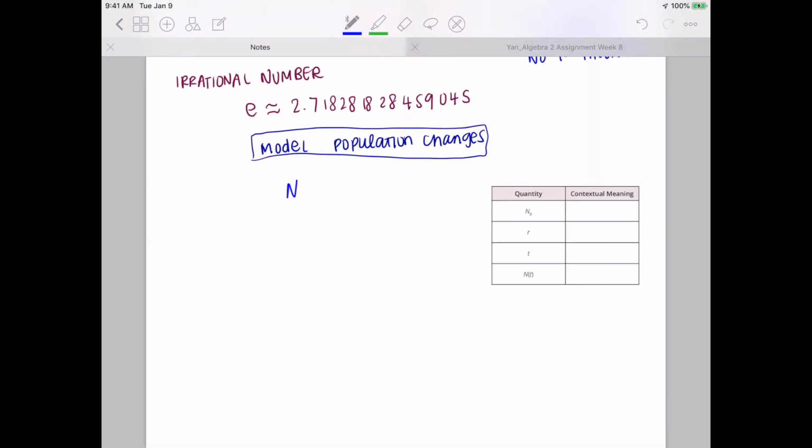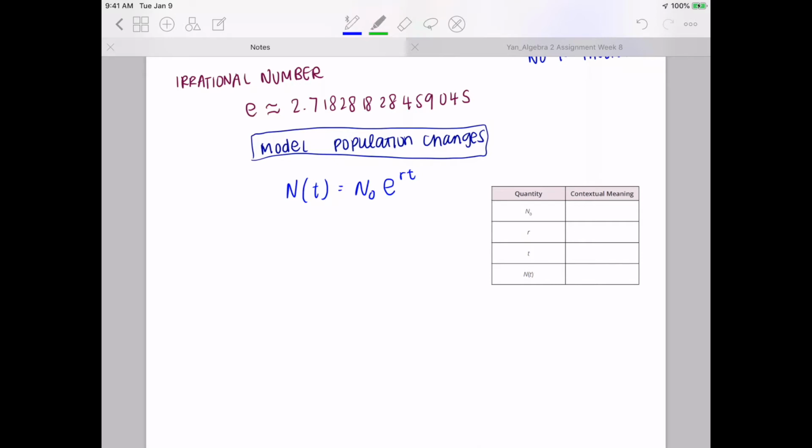So we have N of t, the function of N, equals N sub 0 times e to the rt.